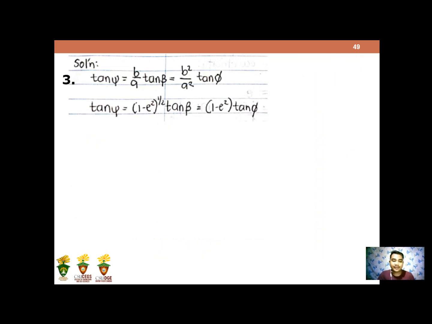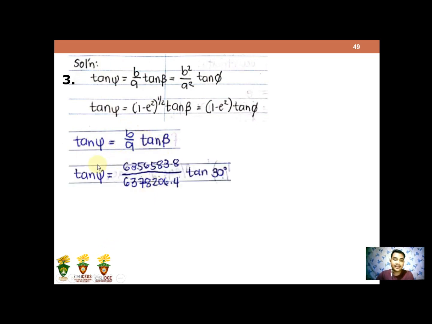For number 3 of sample number 1, for the solution we go back to this equation. We will use the one above, since b and a are given in the problem. So we have tangent geocentric equals b over a tangent reduced latitude.